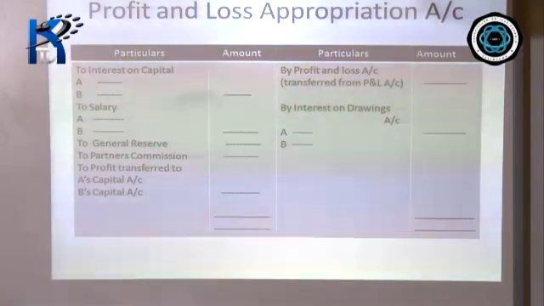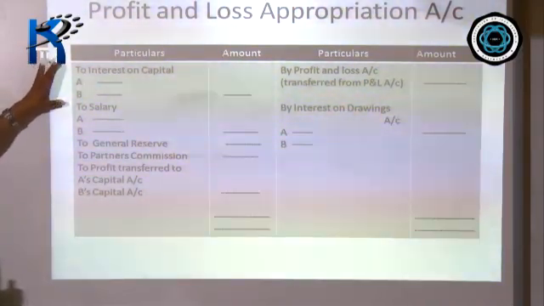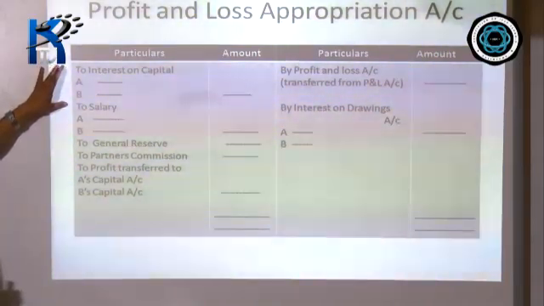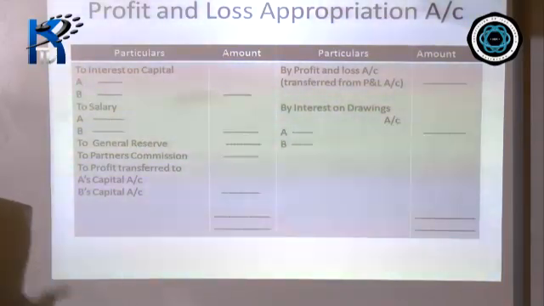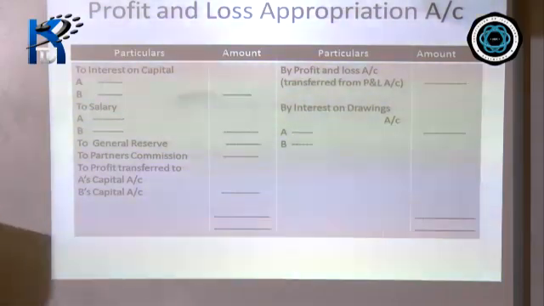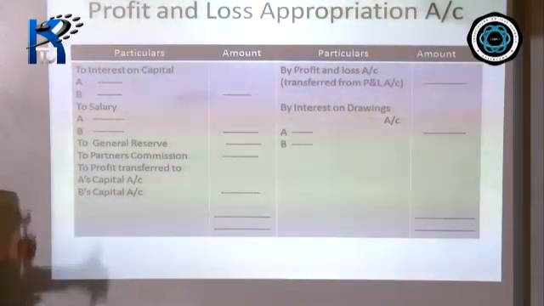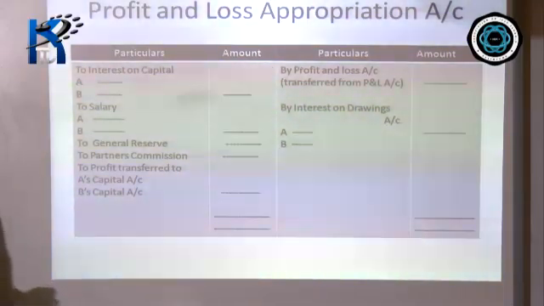Now, to make this account, unless and until you know how to calculate the interest on capital, how to charge interest on drawings, how to calculate commission, you cannot solve it. So these are the nitty-gritties of the profit and loss appropriation account, which we need to know before we solve it. This is the first main account which we will be preparing in the first chapter.